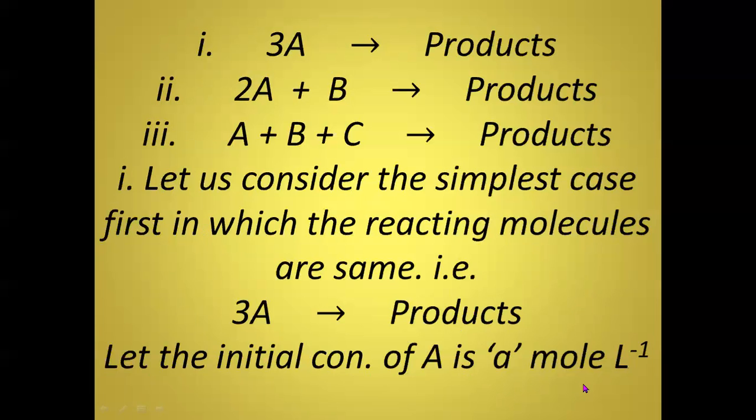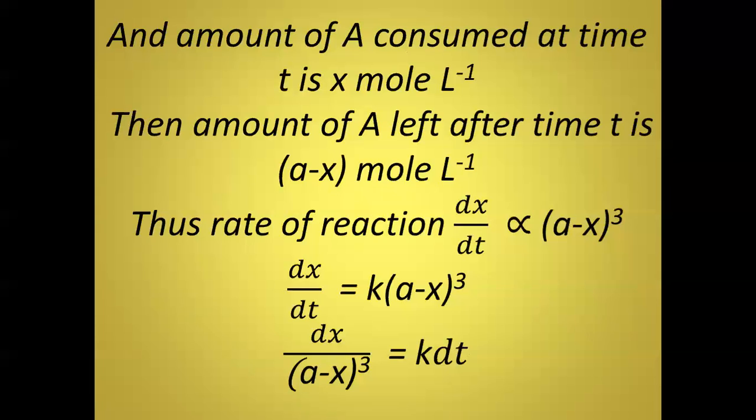Remember, a moles per liter is the initial concentration of reactant A. Of this, at a time t equal to t seconds, x moles of reactant A are consumed. So what is the left out concentration or amount of A? It will be a minus x. So at time t equal to t seconds, the amount of A left is a minus x moles per liter.